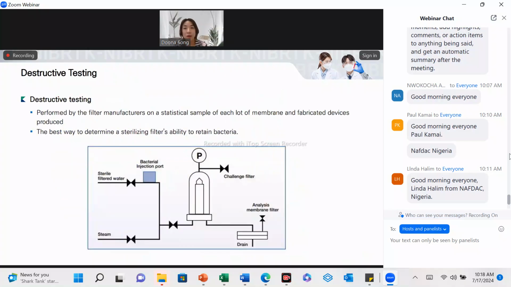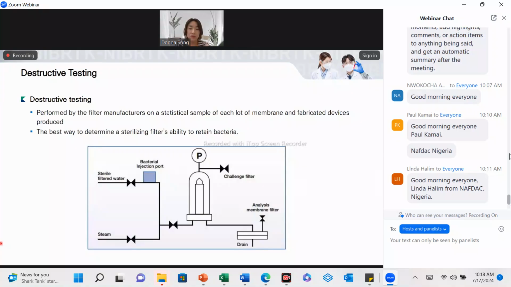There are two categories of filter integrity test: destructive and non-destructive tests. A destructive test involves challenging the filter with bacteria to determine its ability to retain microorganisms.